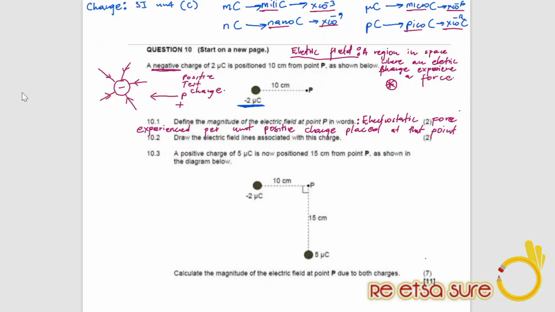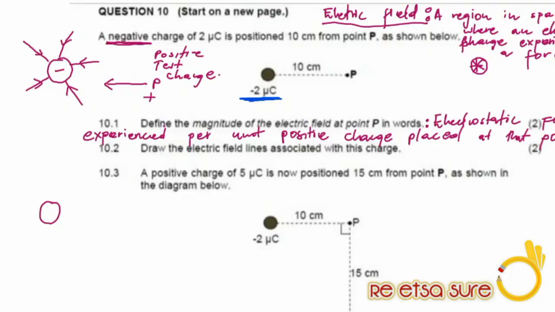Or let me take another example. I'm having a charge and then we don't know if this charge is positive or what? Or negative. But here I'm having what I call a positive test charge. I know for sure this one is what? Is positive. If I put this charge somewhere here, and then I see this charge moving in this direction, I can conclude by saying that this charge has to be positive.